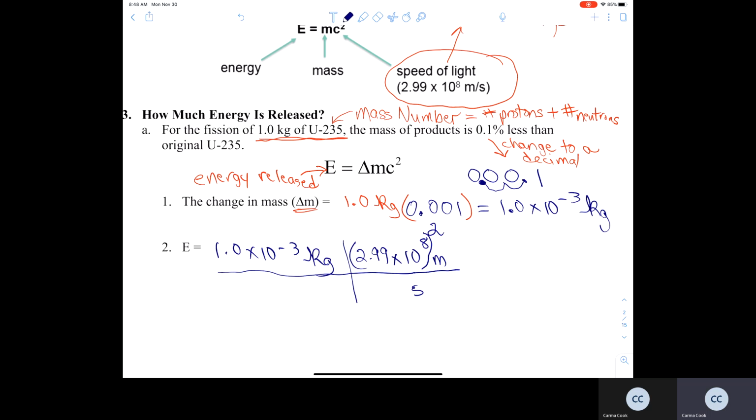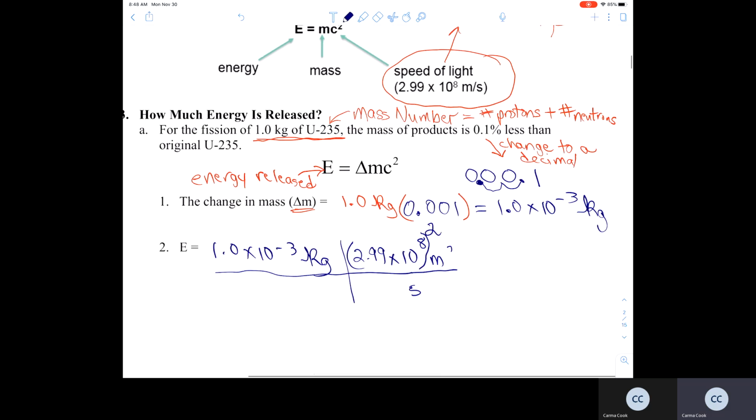And when you raise the speed of light to the second power, not only do you have to square the numerical portion of the value of the speed of light, but you also have to square the units. So that becomes meters squared per second squared.